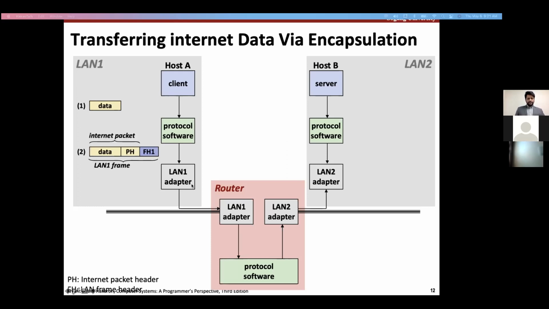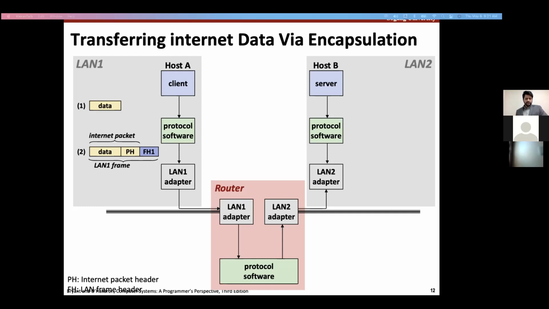And the second step is actually this protocol, as we've seen previously. It's software on host A that creates a frame by appending an internet header and a LAN 1 frame header addressed to the router, and it then passes the frame to the adapter.